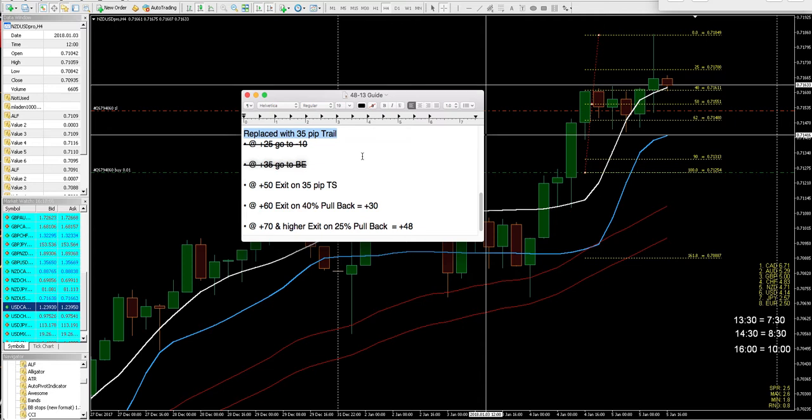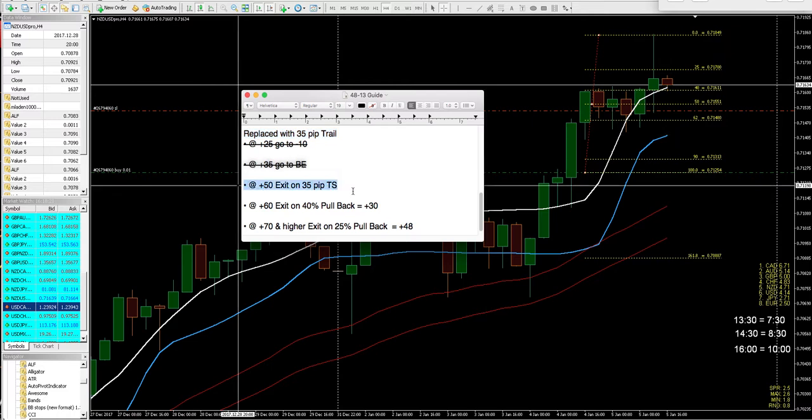So as soon as price reaches plus 15, I guess, the stop loss starts following price, and that happens all the way through plus 59.